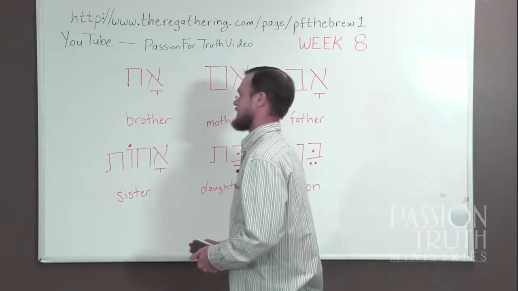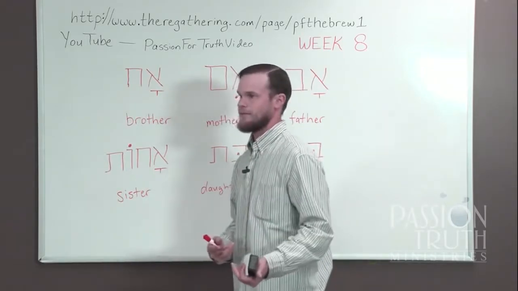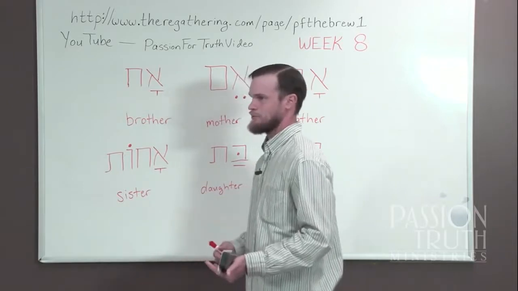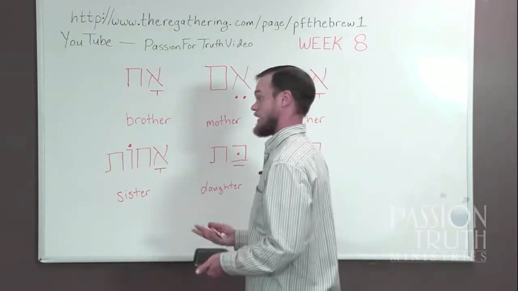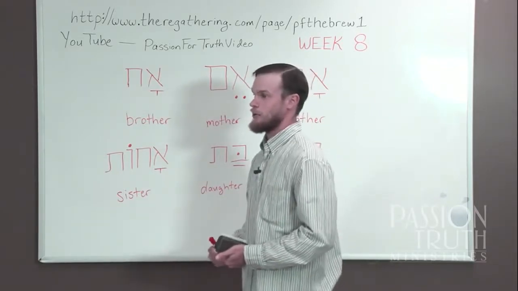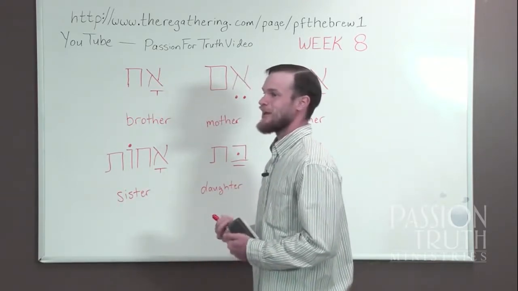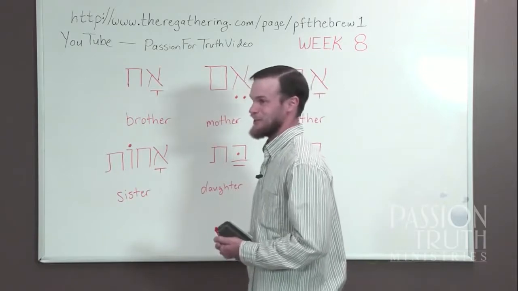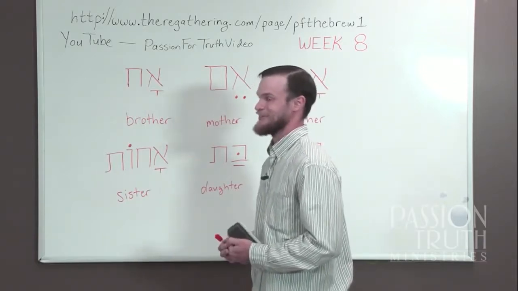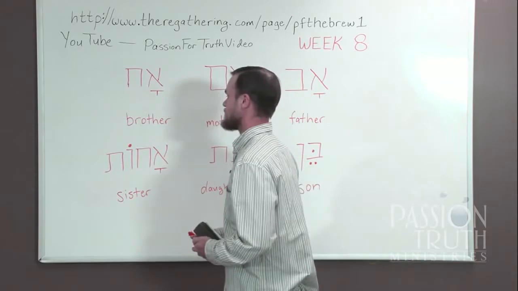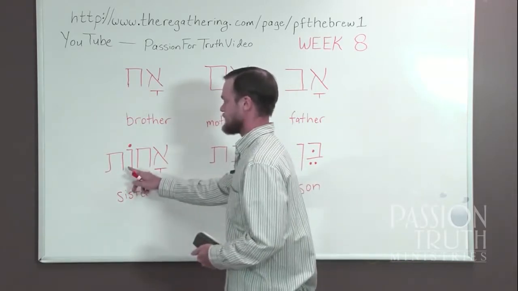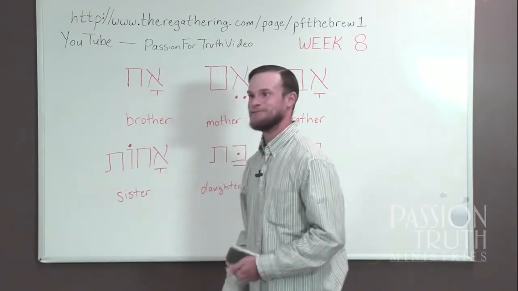You would expect sister to be acha, finishing with a comets he to make it feminine. But in this case, it doesn't. It's achot, and it's just one sister. It's not two. Achotot is actually the plural. You add another ot at the end. The word just so happens to be spelled cholam tav.